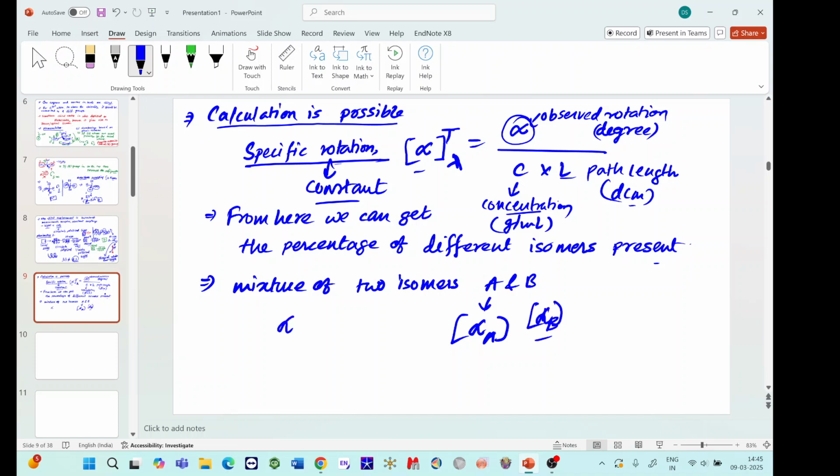Now from the mixture, you are getting an observed alpha equal to something, x degree. So now you can feed this data here, and you can get how much percentage of A or percentage of B is present. That thing you can do here, and you can also get a value for enantiomeric excess.